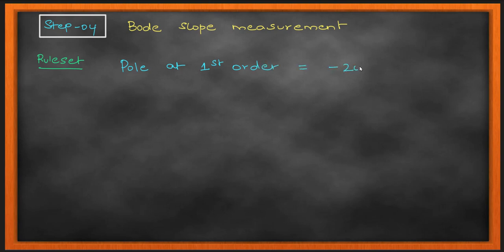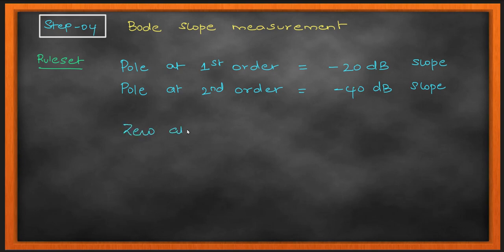After corner frequency measurements, we come to step 4, which is your Bode slope measurement. In the Bode slope measurement, you have the pole at first order and the pole at second order. What does that mean? If you have a first order system, that first order system contributes a pole of minus 20 dB slope.